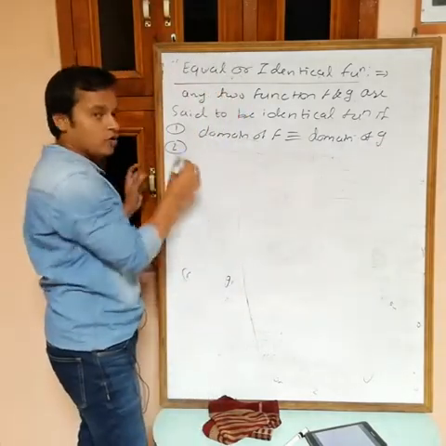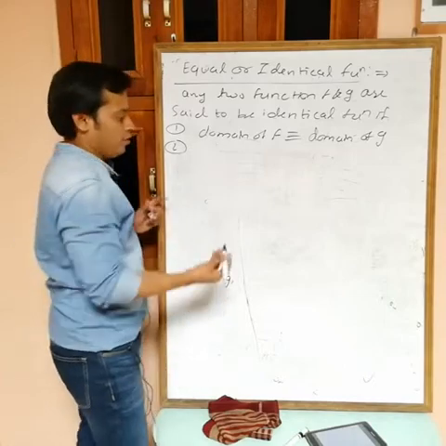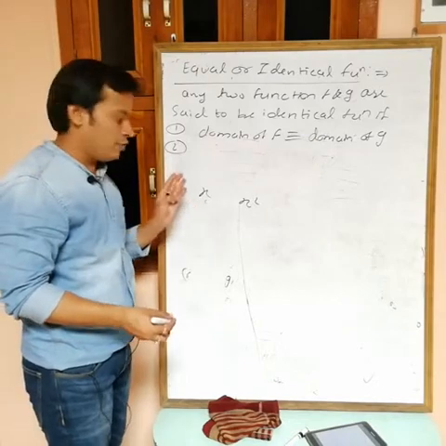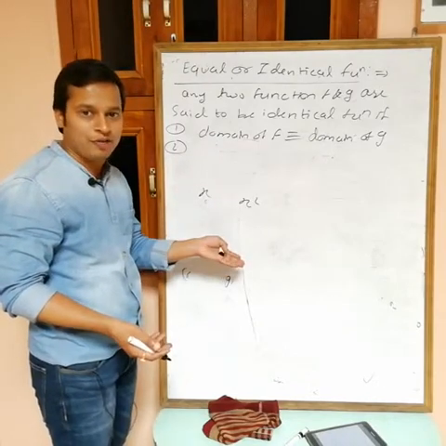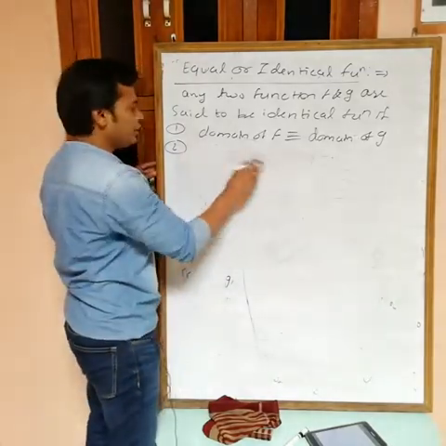And second one, values must be same for common domain, because suppose x and x square both have same domain, minus infinity to plus infinity, but both are not equal functions, because they have different values.